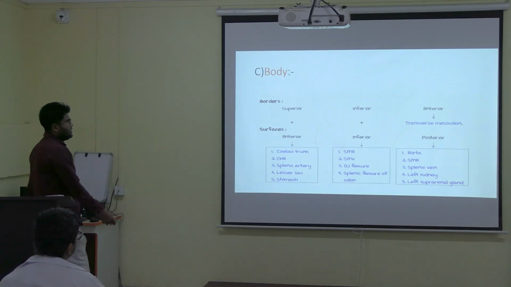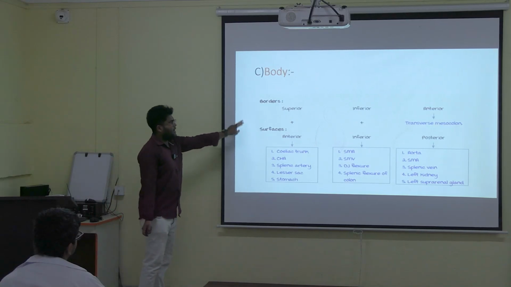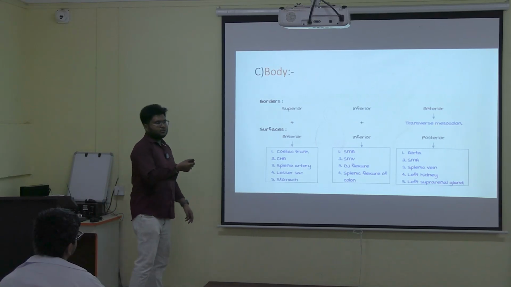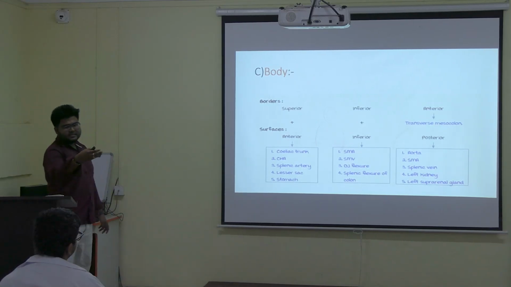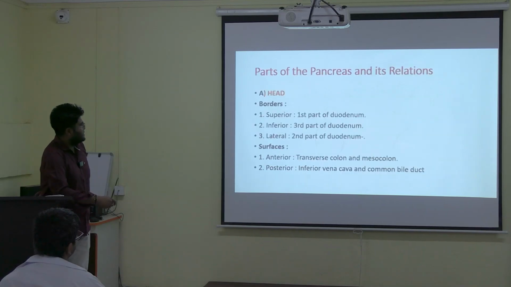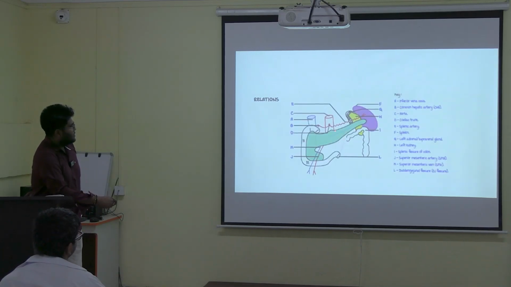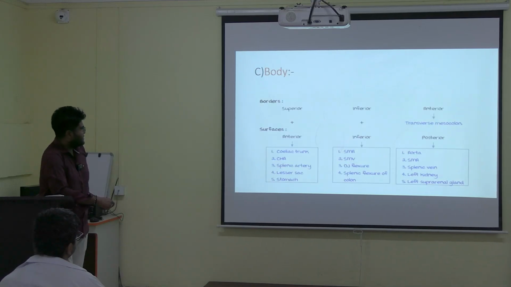Next is the body. The superior border and the anterior surface, this part. Here what structure is present? Celiac trunk. The celiac trunk is coming from the abdominal aorta.